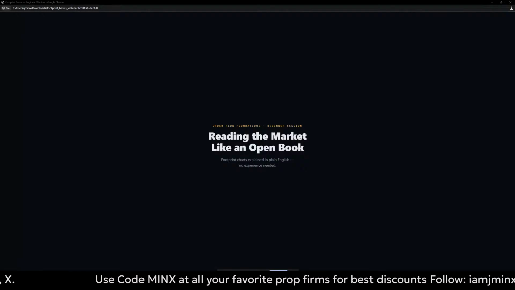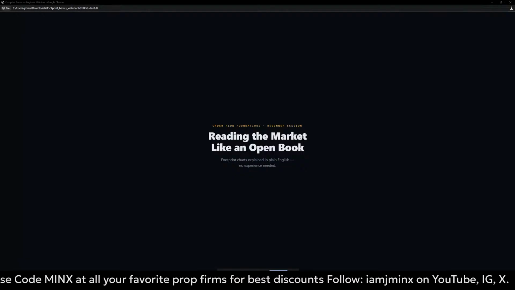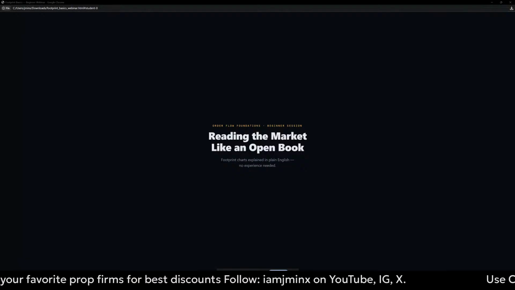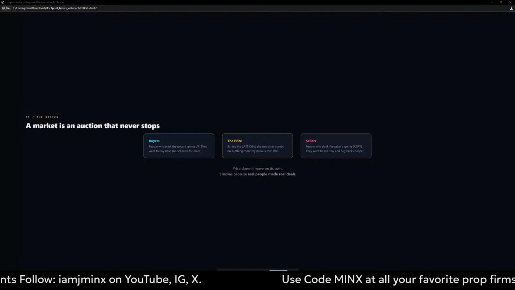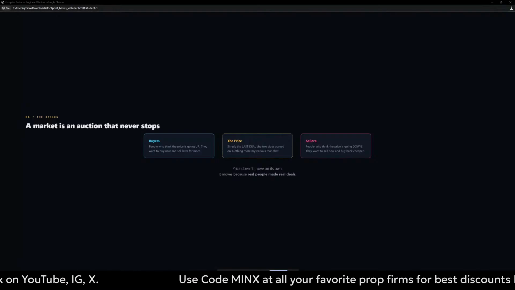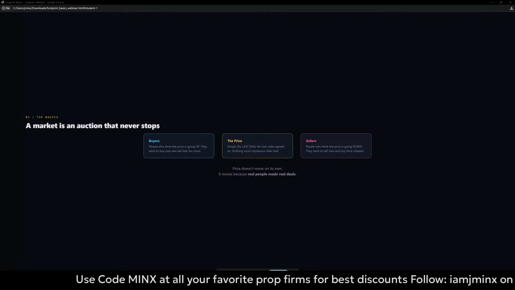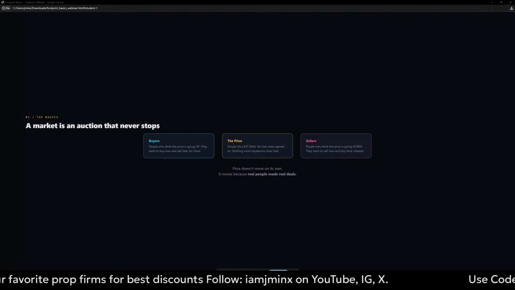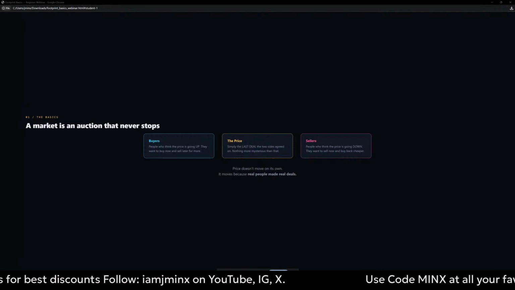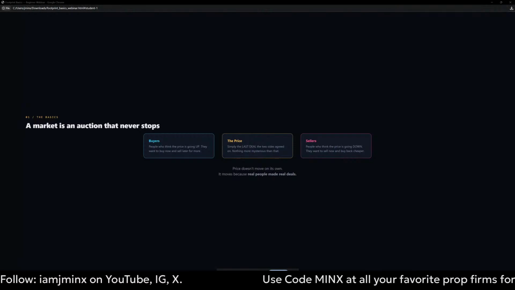So all right, well, let's start with the most basic question there is, and that is, what actually is a market? So forget the charts for a second. A market, or any market, stocks, gold, Bitcoin, it's just an auction that never stops. On one side, we have buyers, people who think the price is going up.